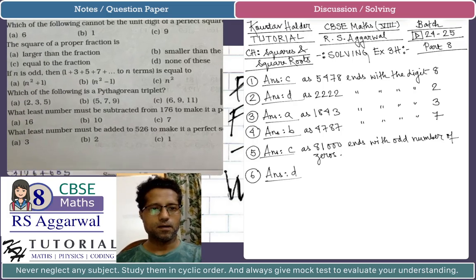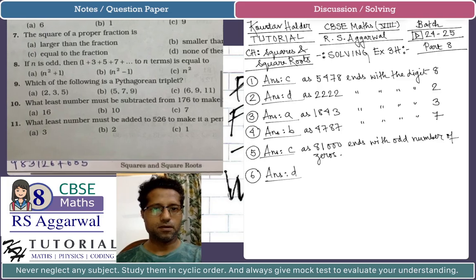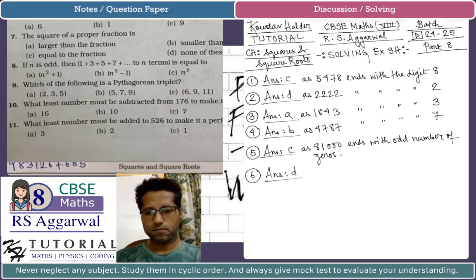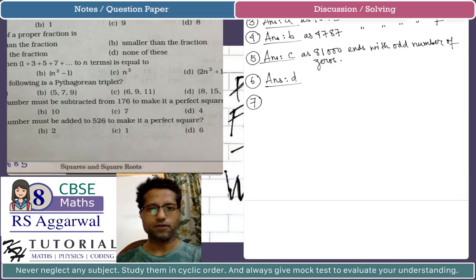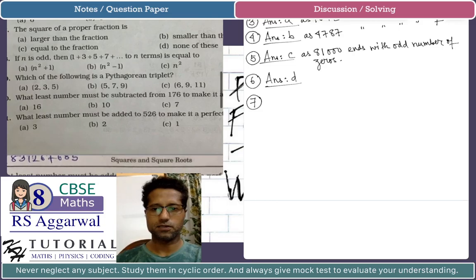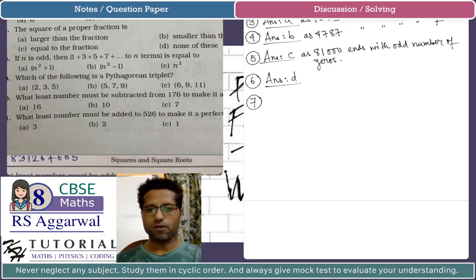Question number 7. The square of a proper fraction is larger than the fraction, smaller than the fraction, none of these, or equal to the fraction. This is a property about the square of a proper fraction.